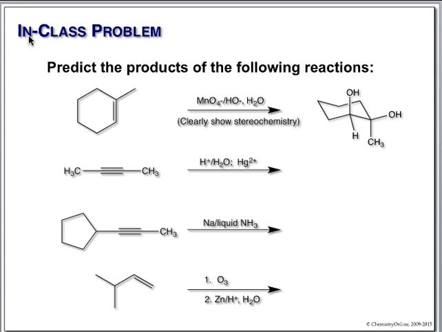That's probably not the most stable conformation, so I'd probably flip that if it was needed. Again, you could show this with wedge bonds or whatever, as long as you clearly show that these guys are cis. Any questions?